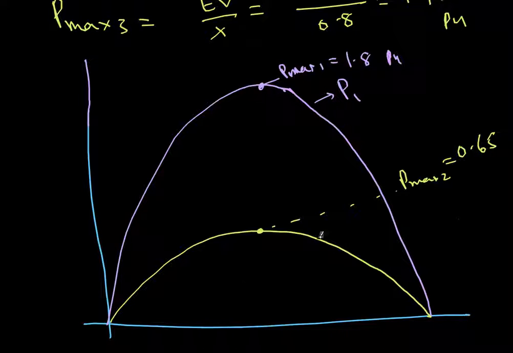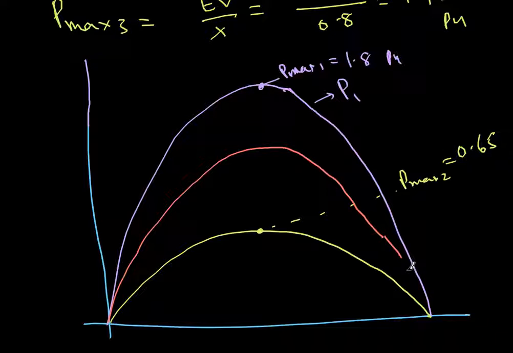And then the third curve that we calculated, this is after the fault is cleared, this point, that is Pmax 3, we just calculated 1.46.